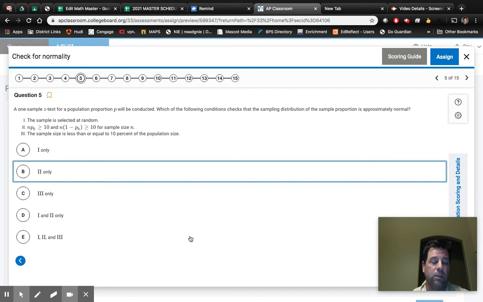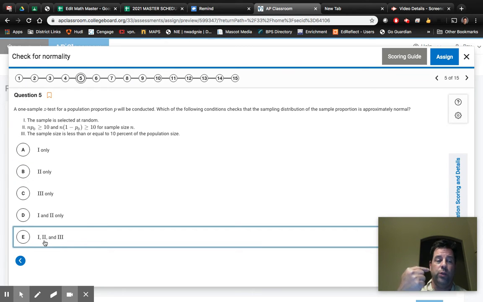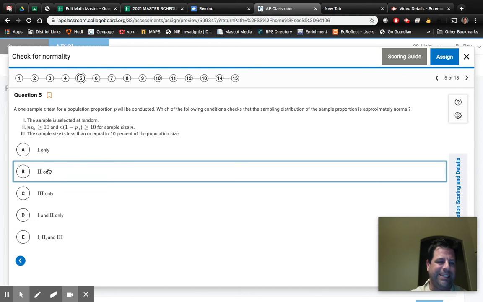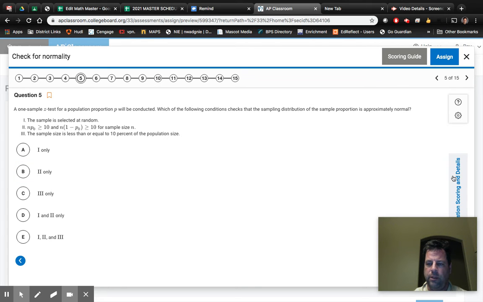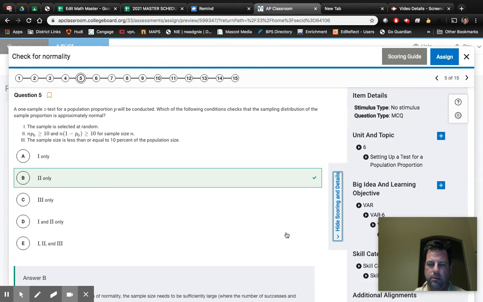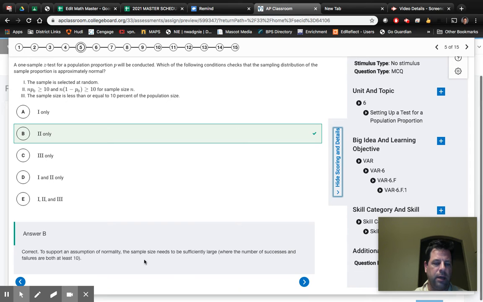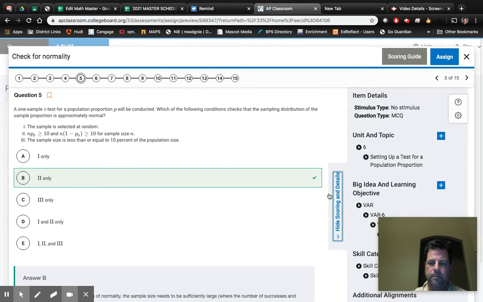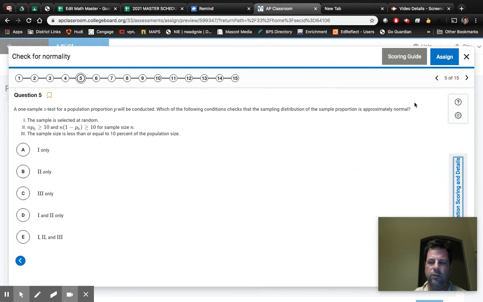Now 1, 2, and 3 are the conditions we need to proceed on to the test or the interval or whatever we're doing. But to check normality, I only need number 2. Surely that's right. B, yeah. We need that sample size to be sufficiently large.